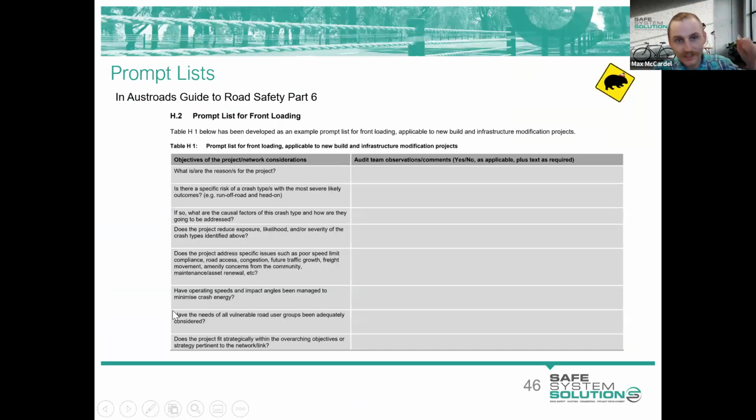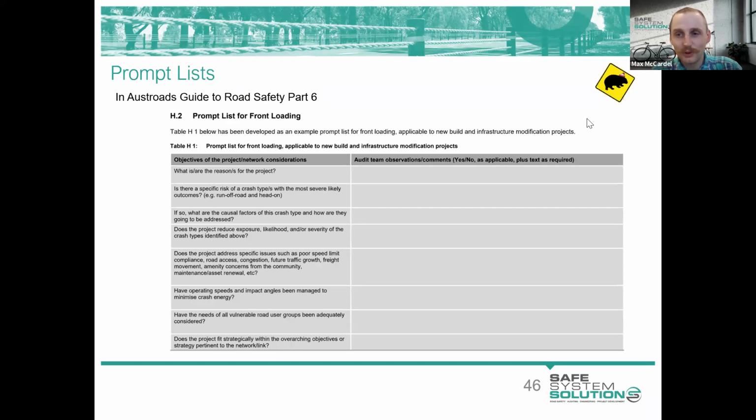So the prompt lists are currently situated in Appendix H of the Guide to Road Safety Part 6, which you should have within your USB, or it's on our Moodle, or you can go to the Austroads website and download that. They've called it this quite technical term, which is described as front loading. And this is something that you're meant to do at the start.